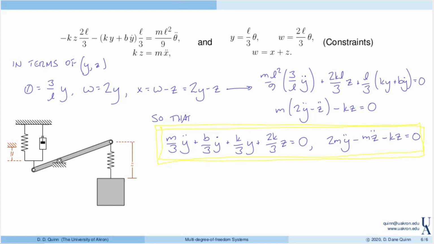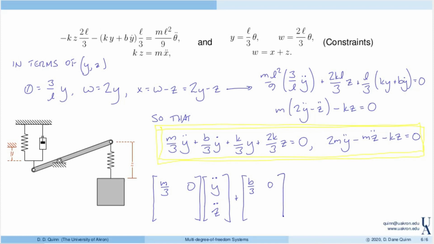Notice that I can write this in matrix form. Right, so the mass matrix would be m over 3, and then there's no z double dot term here, so I would get 0 in that element. So y double dot, z double dot. Notice that now we have a damping matrix, and that's going to be b over 3 times y dot.